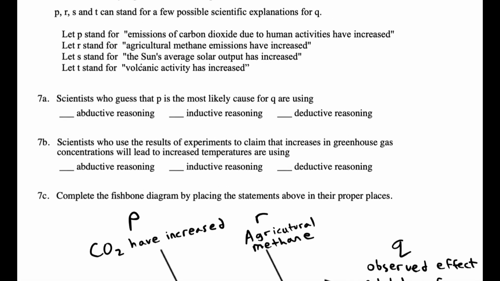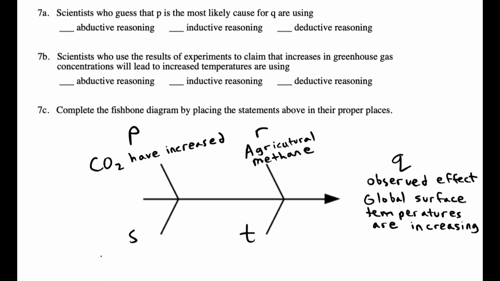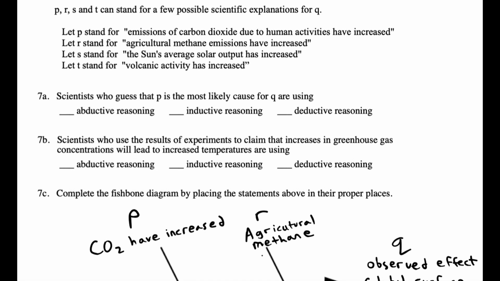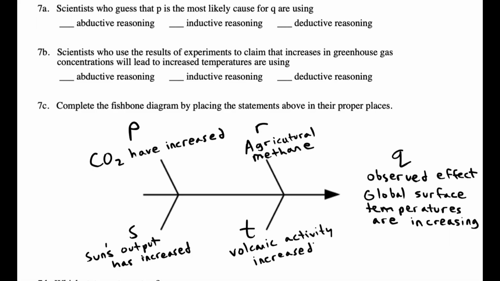We could have S, which is the sun's average solar output has increased. We could also have T, which is that volcanic activity has increased. All of these four things, I believe, are logically plausible or reasonable possible explanations for the effect. And so this is part of a certain type of reasoning, brainstorming about why something is occurring.